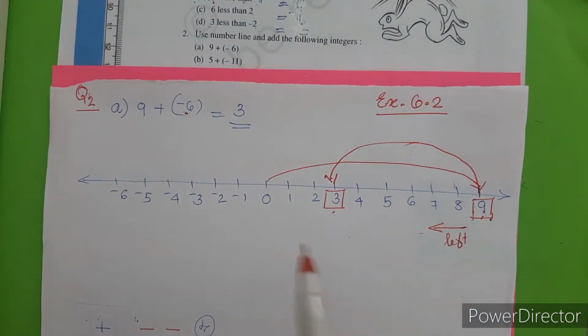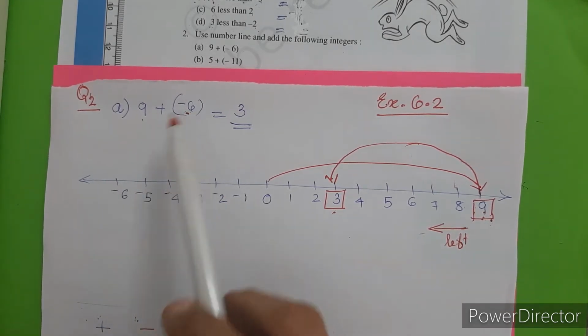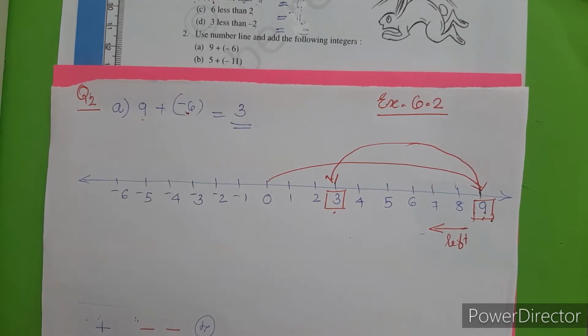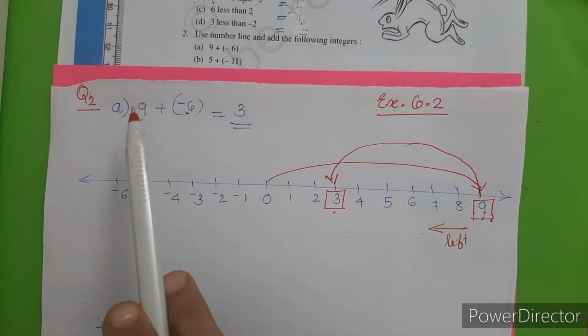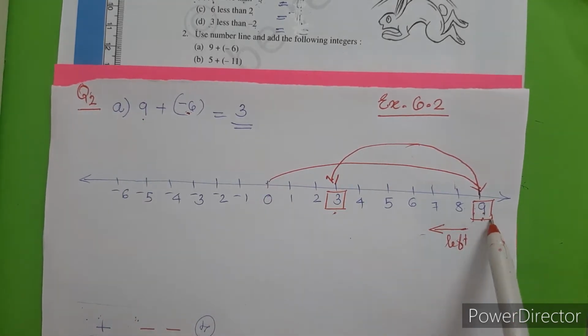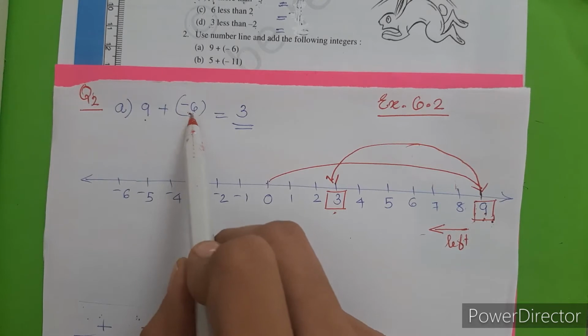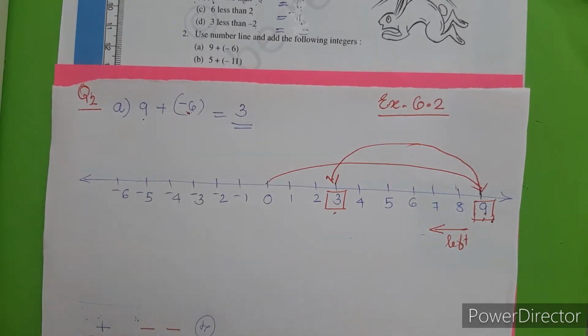One more time I will repeat. In this kind of question, 9 plus minus 6, first we identify the starting point, that is 9. First we move from 0 to 9. Then we add the second integer, minus 6. That is a negative integer, so we move in the left direction from the starting point on the number line.